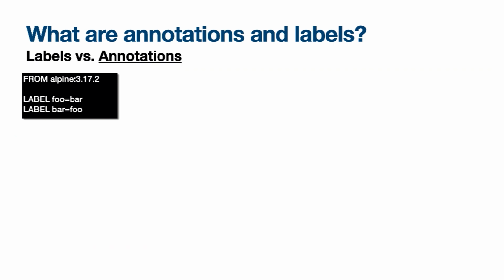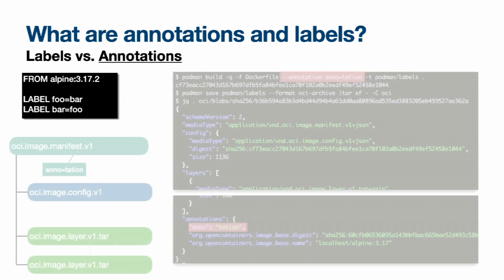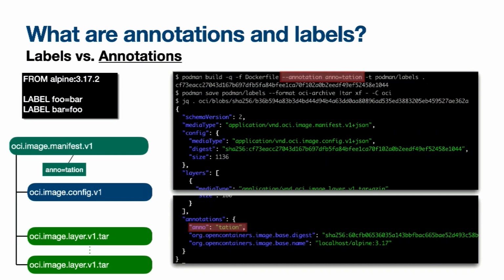If we talk about annotations, it's a concept that is now introduced by the OCI image spec. As we saw before, and I go slightly back here, this is the Docker format. If we go to the annotations, we see that this is part of the OCI spec. Annotations can be created when you do a podman build with --annotation.